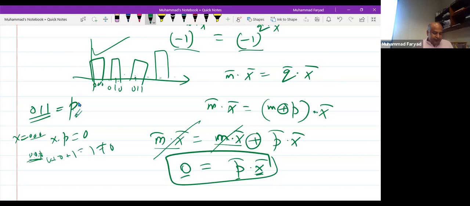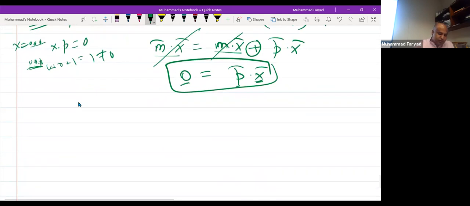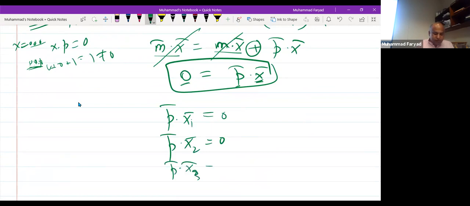So at the end, what will happen is that we will have a bunch of outputs. Let's say I have some p.x1, and there might be another output which is non-zero, and some other output which is non-zero.